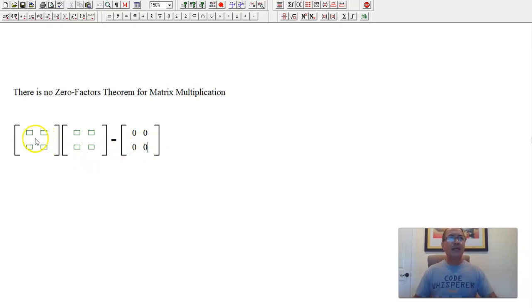In other words, we can make these two matrices so that at least one number in each matrix is not 0. Well, if that is our only standard, it's not a very high standard.